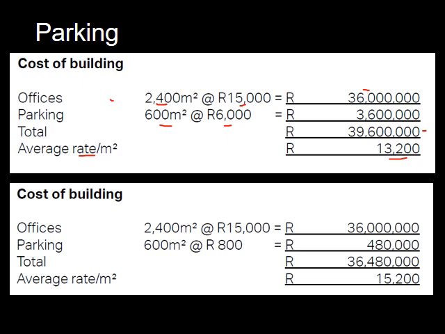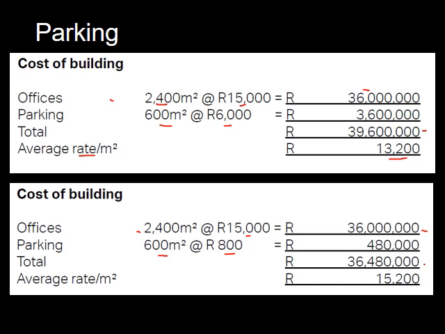Now look, if we look at case B, we've got the same amount of office space at the same rate. So it's still 36 million that it works out on. And then you've got your parking, which is now external, so it only works out at 800 Rand per square meter. And you get to 36 point, let's say 5 million.